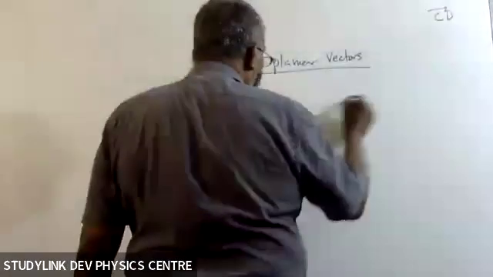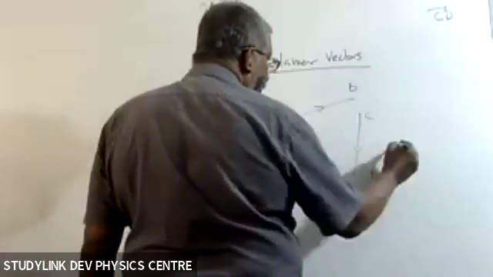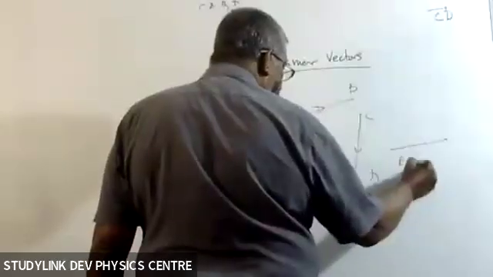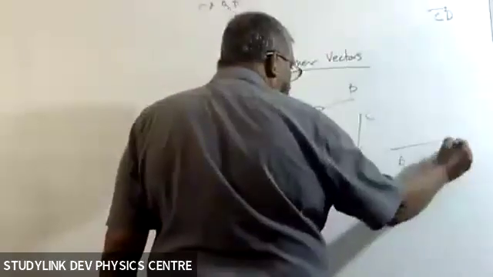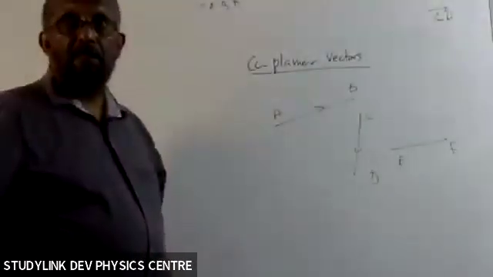So that means we'll say AB vector, CD vector, EF all are on the board.